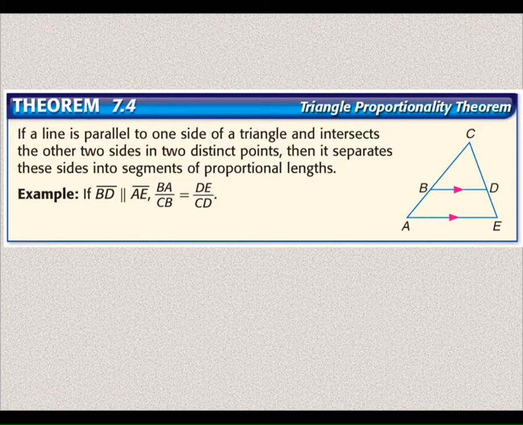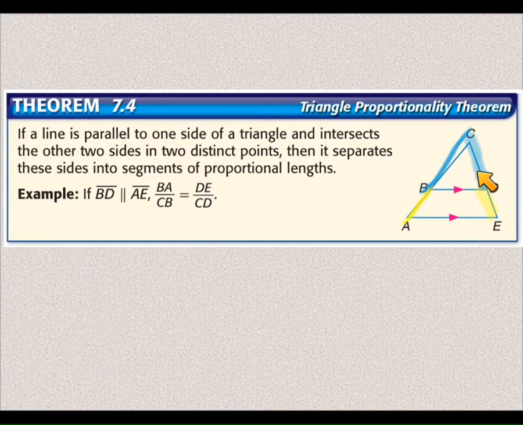Meaning that if I made the proportion of BA over CB, that's equal to DE over CD. That if this line is parallel to one side of the triangle and it intersects the opposite two sides, you can write a proportion of this side to this side equal to this piece over this piece.